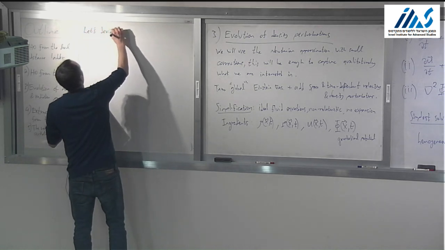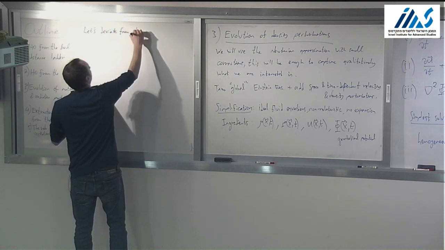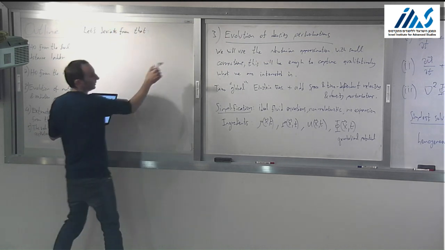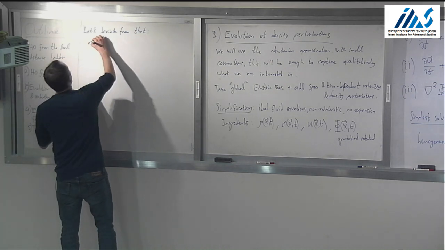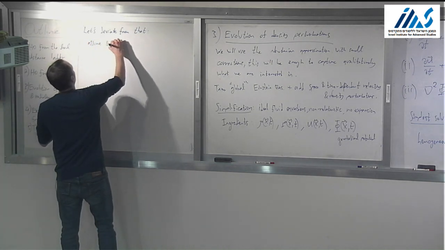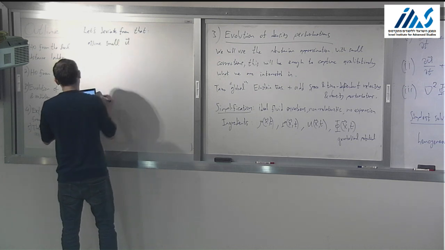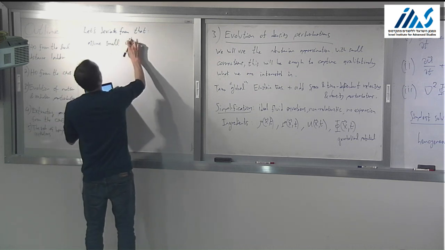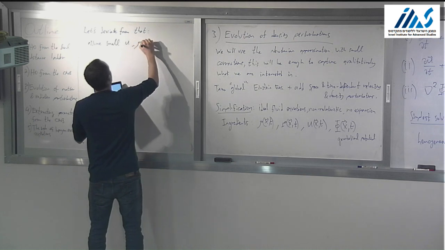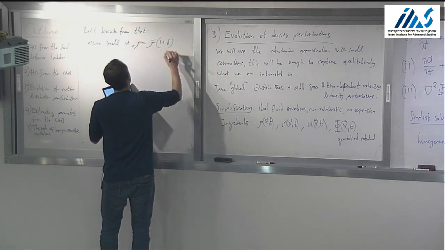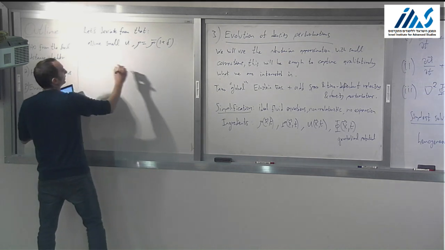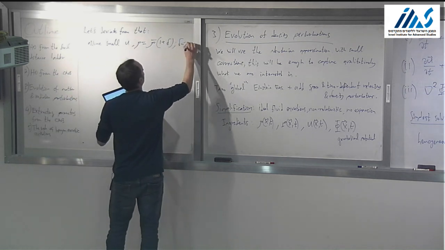Okay, so let's now deviate from this solution. If we deviate, we assume small velocities, small u, rho equals rho-bar times 1 plus delta, where delta is smaller than 1.